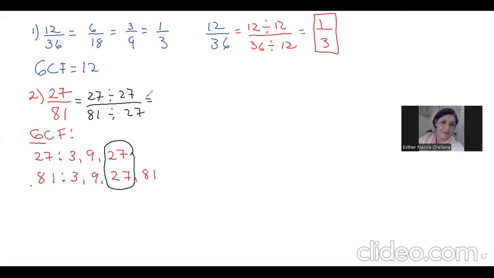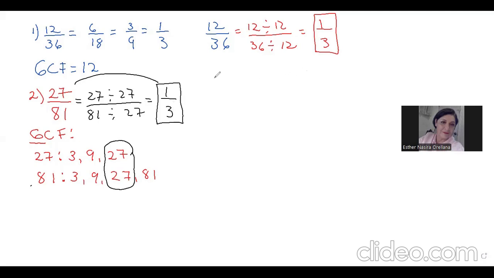And the answer is 27 divided by 27, 1. 81 divided by 27, 3. And this, again, is the equivalent fraction in lowest terms. These two numbers represent the same quantity, but this is in lowest terms. It's completely simplified.